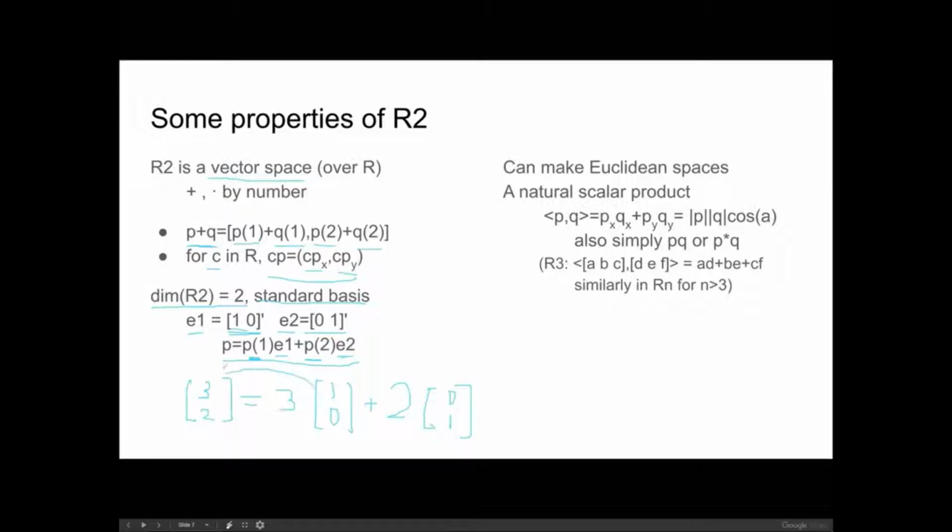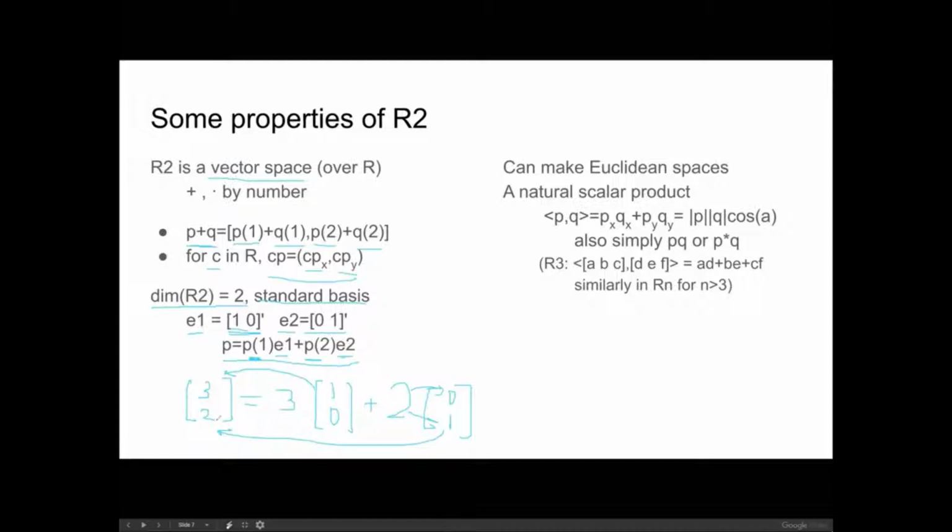Well, 3 times 1 is 3, 3 times 0 is 0, and 2 times 0 is 0, 2 times 1 is 2. So you can verify that this holds in this example, but also it holds in general.